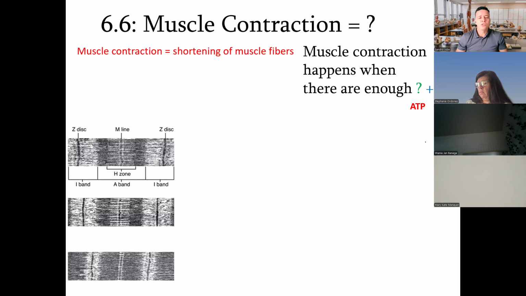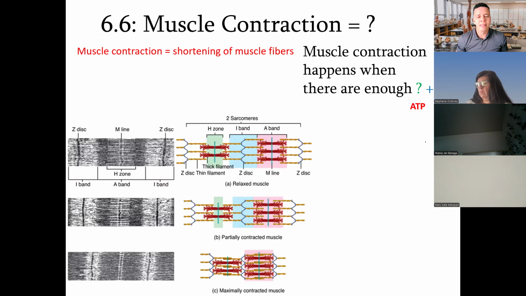Okay? Now, let me give you a visual aid showing what happens to the entire sarcomere as the muscle cell contracts. And what we can see here, in this cartoon, in this microscopic picture, we have three pictures of a muscle cell in different states of contraction.